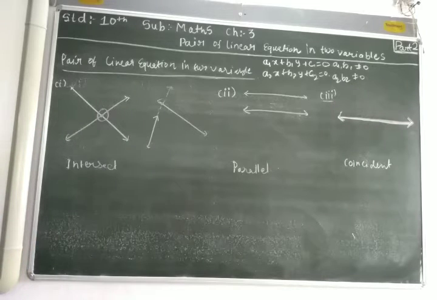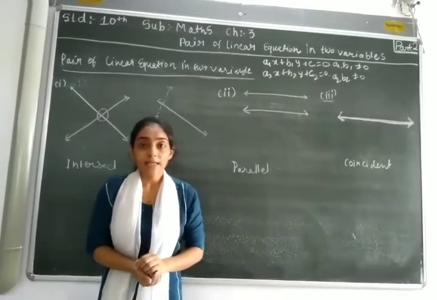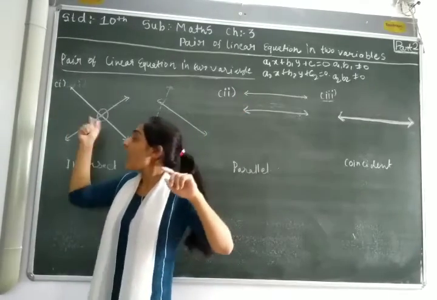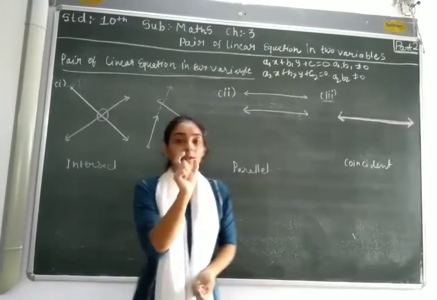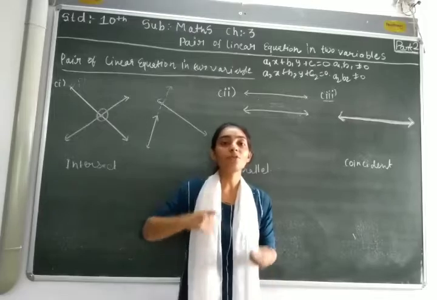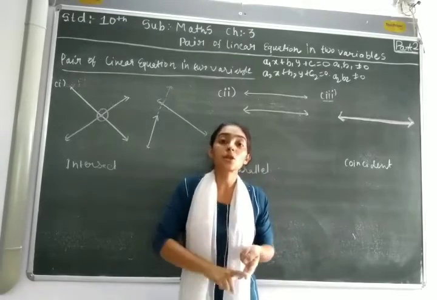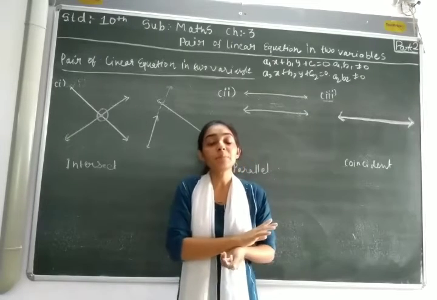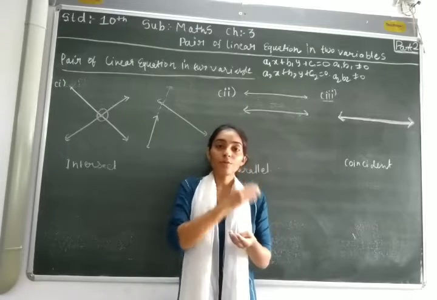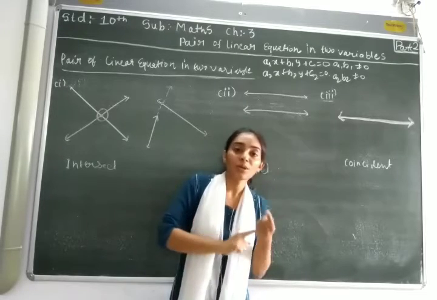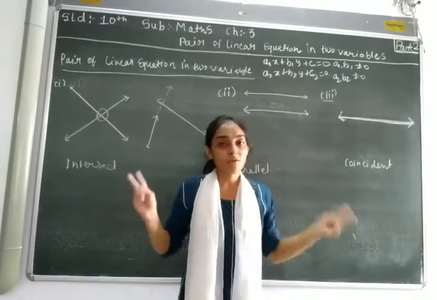It means something should be common in these lines, so that the value satisfies both equations. When you find a solution of the two equations, it means we found something common, and that value should satisfy both equations.